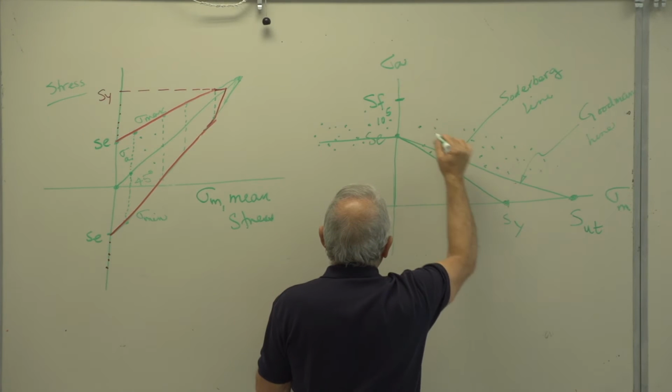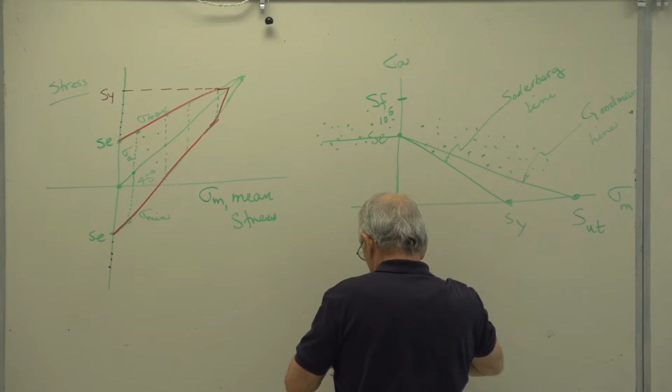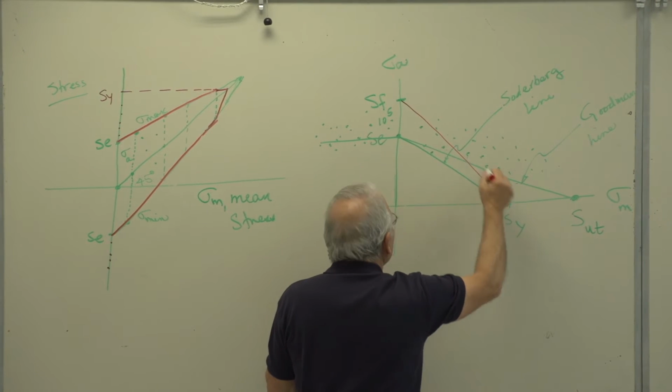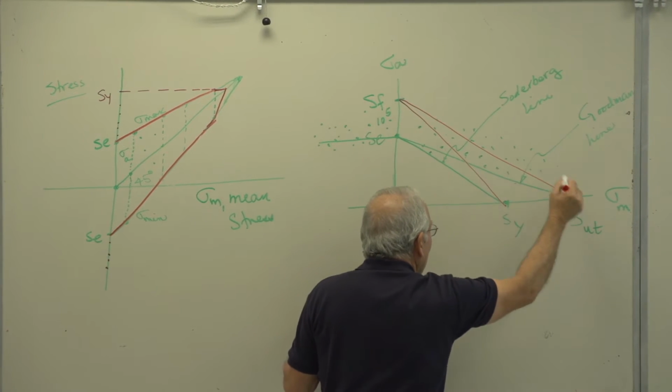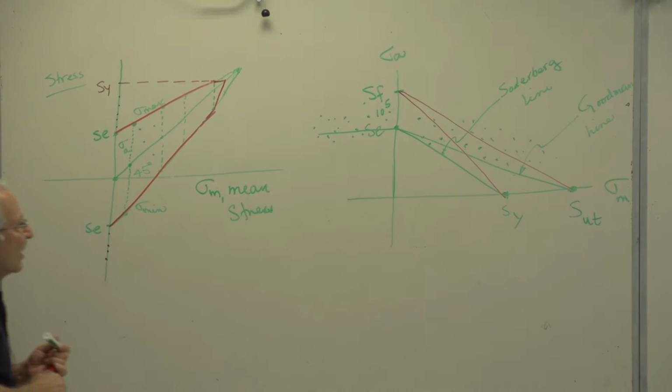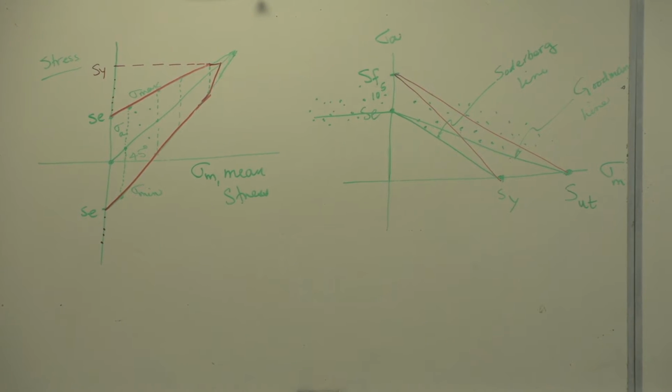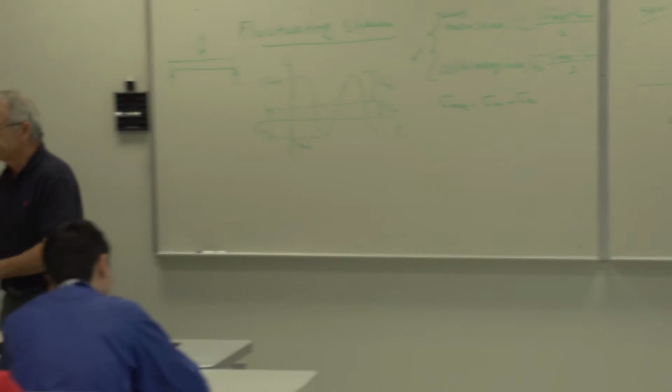And then I'm not going to connect it. Well, maybe I'll connect it with a colored line. Those become your failure lines, correct? And you can have SF for any number of cycles you like.